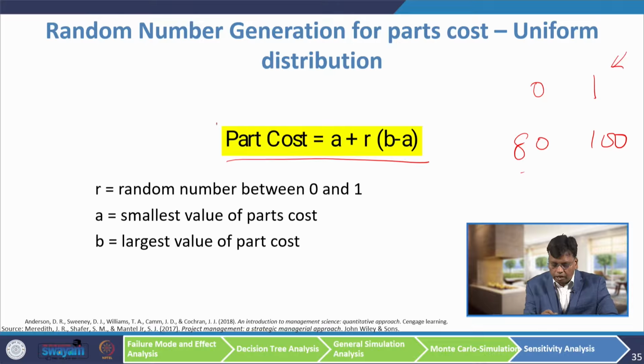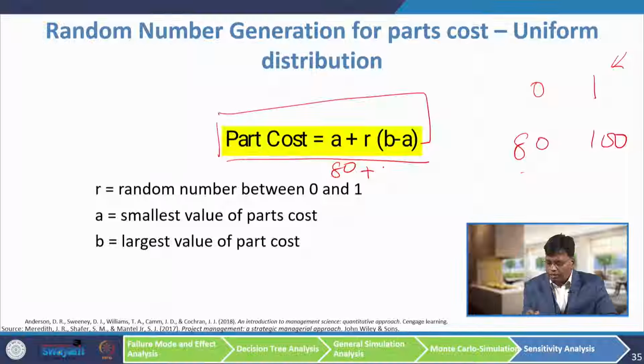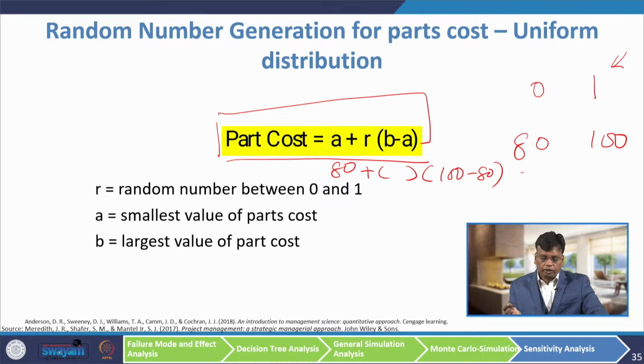That conversion is done by using this formula. Here A is your 80, the lower limit, plus R is what value you get from the calculator, then multiplied by B minus A, 100 minus 80. So, this formula should be used for converting pseudo random numbers which follow uniform distribution. If it is some other distribution, there will be a different formula. Here, since the part cost follows uniform distribution, you have to follow this formula.